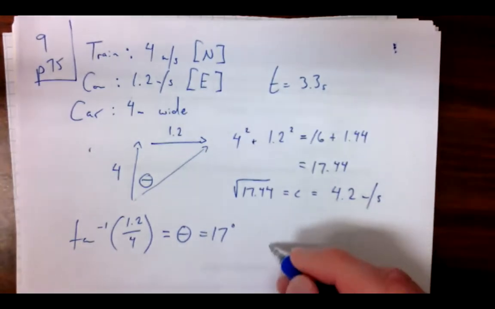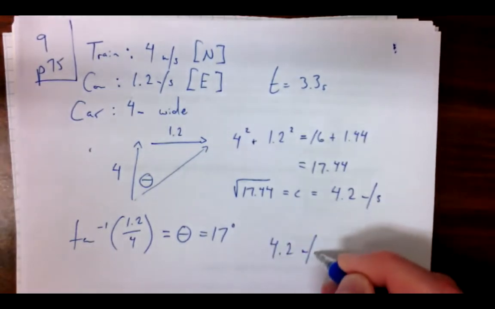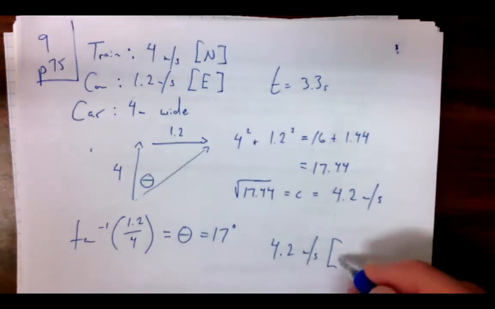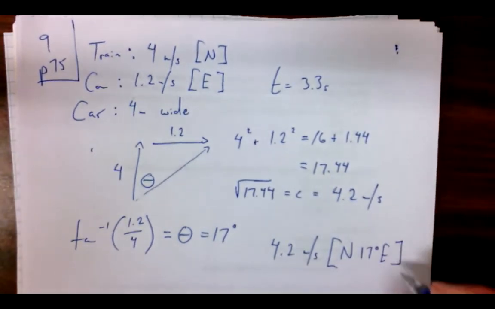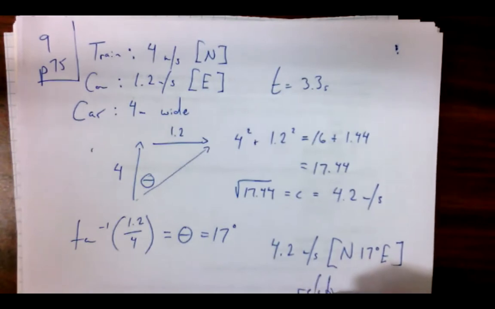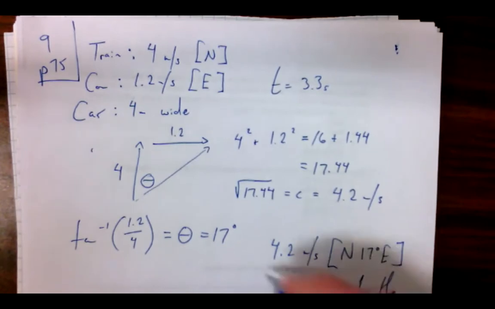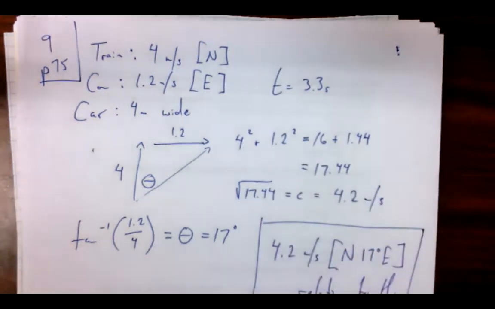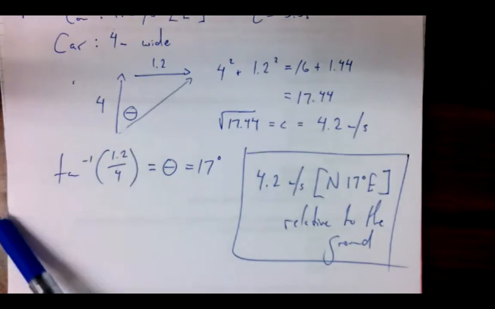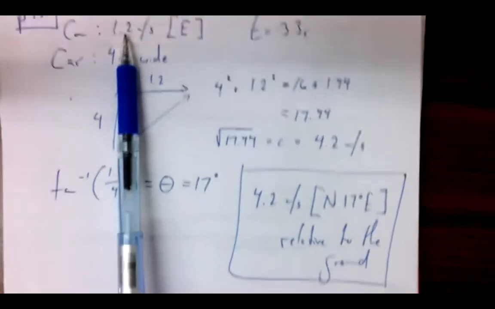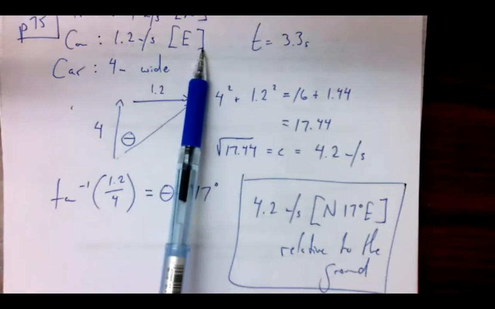So our conductor is going 4.2 meters per second north, 17 degrees east, relative to the ground. That relative to the ground part is important because relative to the train, he's just going 1.2 meters per second east.